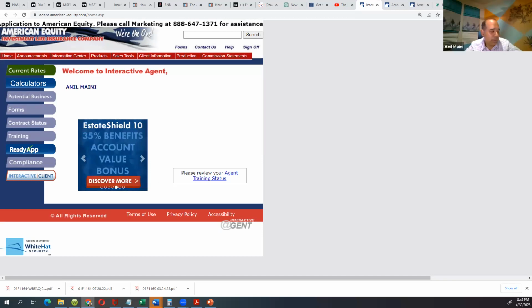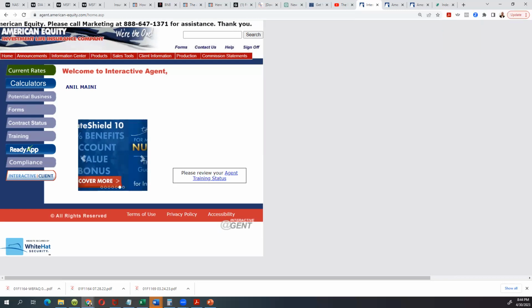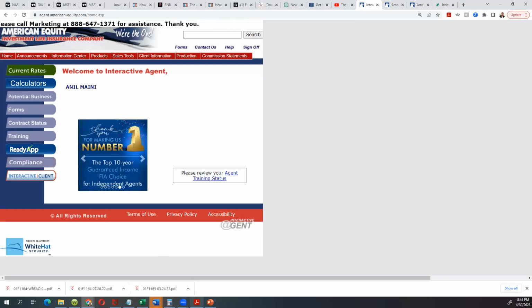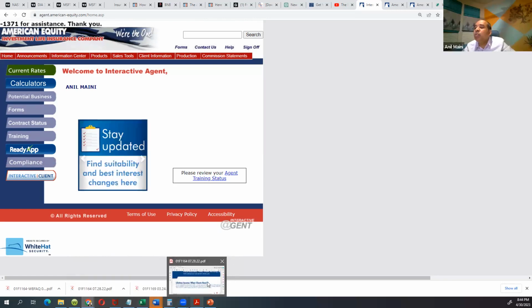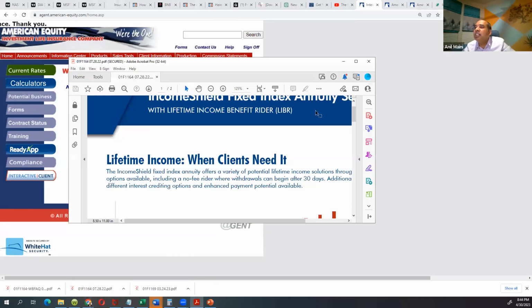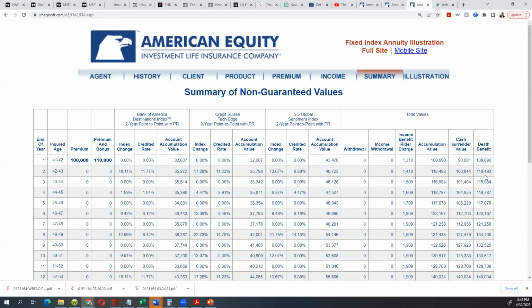In this product, we are seeing the death benefit. Death benefit also comes with the annuity. Death benefit means it is the same as the account value. Yeah, account value. There is no additional death benefit. The only benefit is that in case of death, no surrender charges are applied.